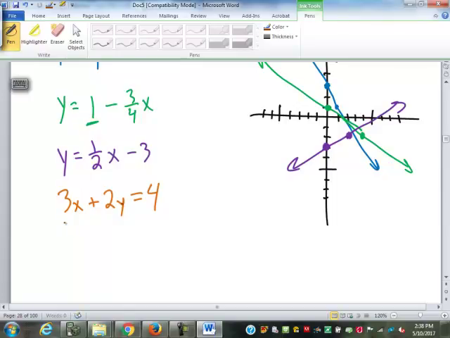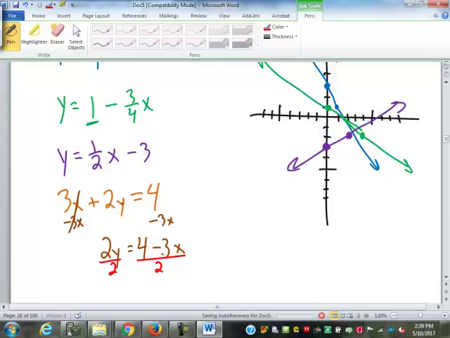Subtract 3x, perfect. So I've got 2y here. 4 minus 3x is just going to be 4 minus 3x. The next step would be divide by 2. Remember, when we divide or multiply, we have to do it to each digit. So 2y divided by 2 is just y.